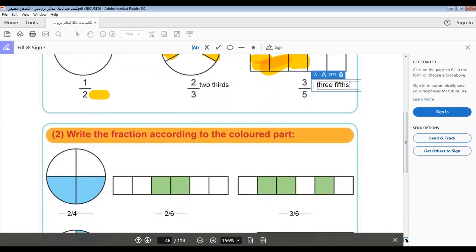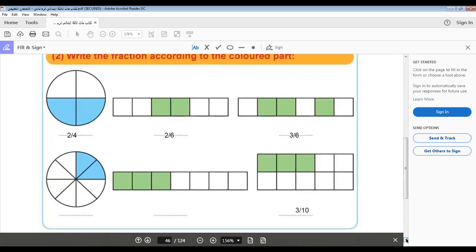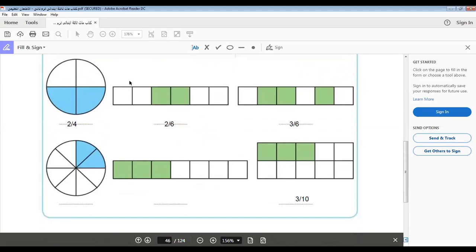Second question, he already colored the figure, but you have to write the fraction. First one, he colored two parts out of four, so I wrote 2/4, or half.